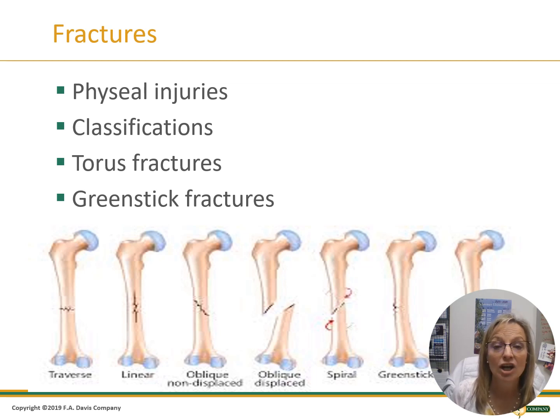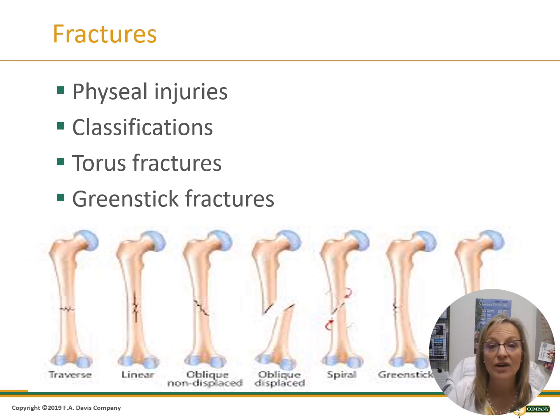We can have comminuted fractures, complex fractures, physeal fractures, as classified by the Salter-Harris 1 through 4 based on the level of the growth plate involvement. That system, the 1 through 4, delineates risk for growth disturbance from the fracture. High-grade fractures are more likely to cause growth disturbance, but it can happen with any of the physeal injuries.